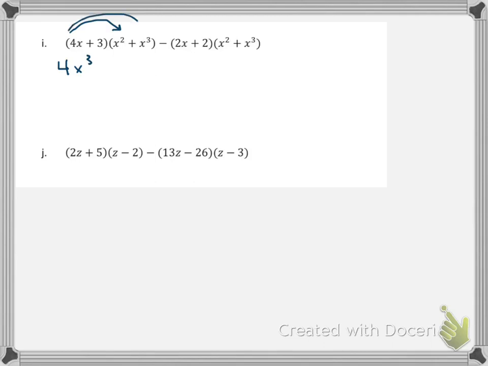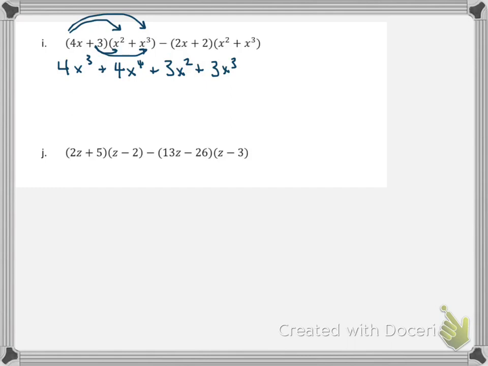And then 4x times x to the third would be a positive 4x to the fourth. And then 3 times x squared, that's going to be a positive 3x squared. And 3 times x to the third is a positive 3x to the third. So there's the first one simplified.